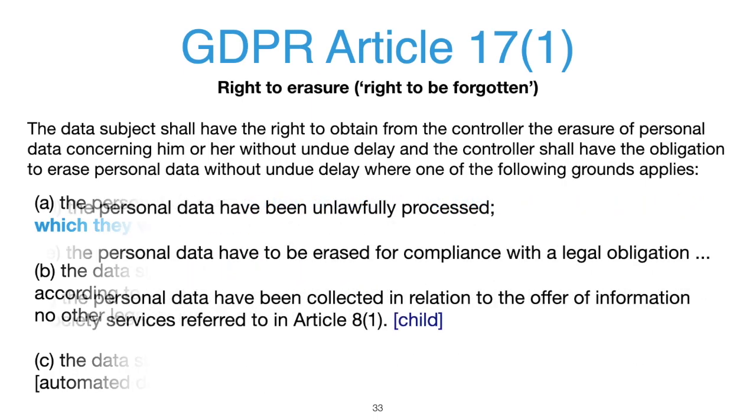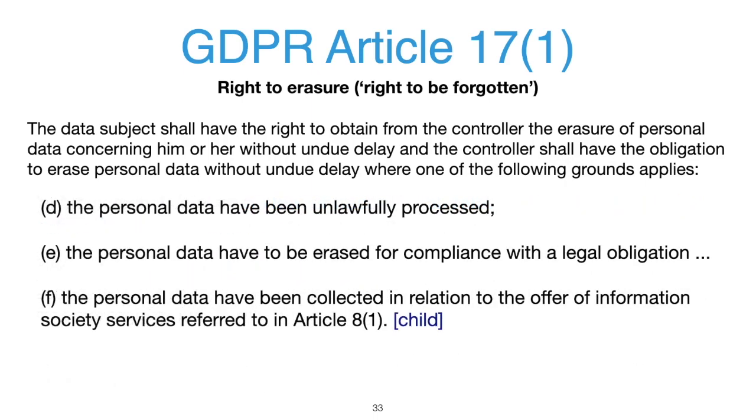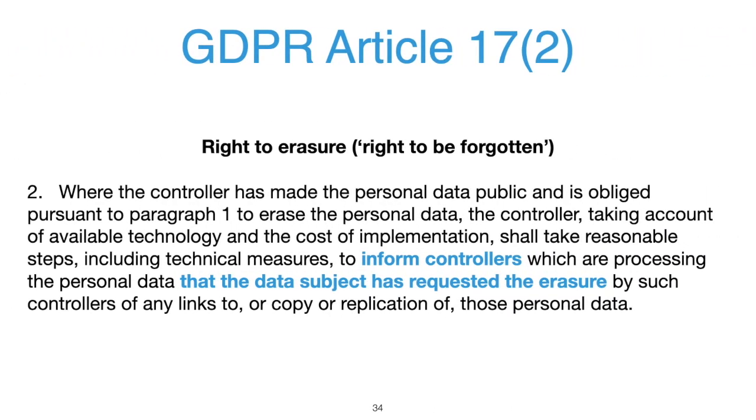We haven't looked at that yet, but that's the automated decision making. Or if the personal data have been processed unlawfully, if they have to be erased for compliance with a legal obligation, or if the personal information collected was in relation to services that were offered under Article 8.1, which relates to children.